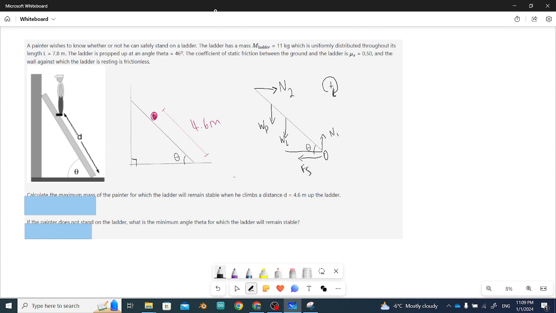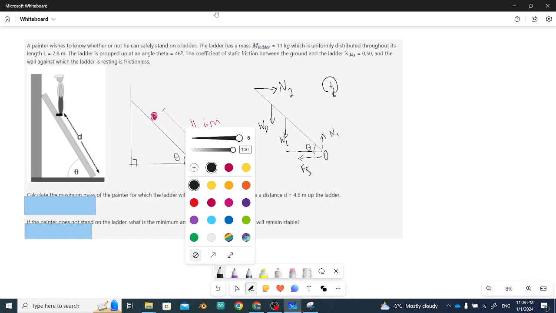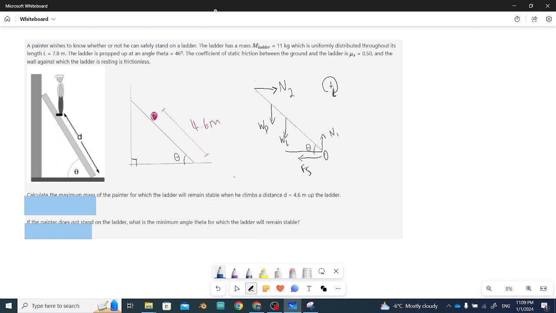So that will be pretty much the isolation diagram. I'm going to write the distance from the origin to each of these forces. This one would be 0 here, since it's the origin. This one would be 7.8 meters away.